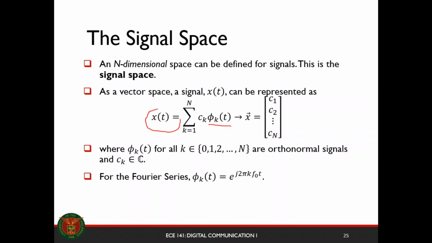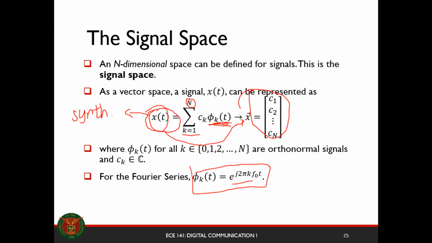If our signal can be represented as a weighted sum of different signals phi sub k, from k equals 1 to n, we call this the synthesis function, similar to your Fourier series. Then this signal can be represented as a vector with this representation. Okay? For your Fourier series, your basis is your carrier.